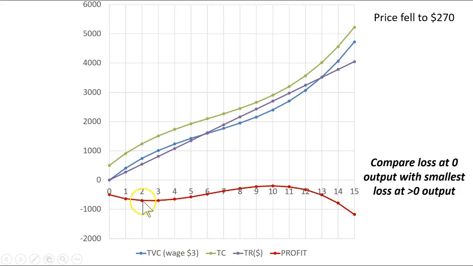Here is the total profit line generated. That is the gap between total cost and total revenue. And we can see it's always negative. It's always below 0.